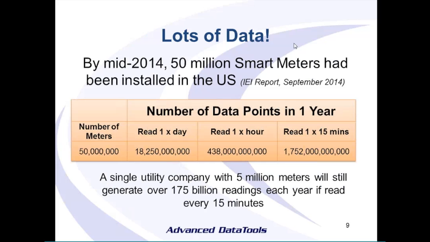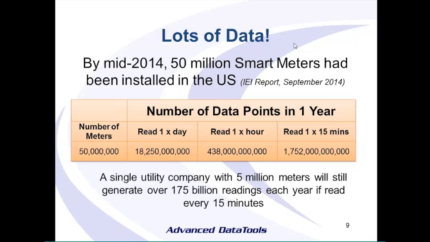According to a report, in the middle of last year there were about 50 million smart meters in the US. If you're reading 1 sample every day from these 50 million meters, you've got about 18 billion readings over a period of 1 year, just 1 year.